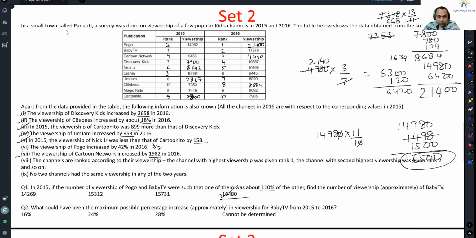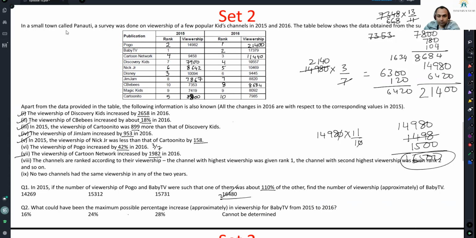Next, what could have been the maximum possible percentage increase approximately in the viewership of Baby TV from 2015 to 2016? Maximum possible percentage increase. So if I go 14980, okay, roughly 14980, 20% of that would be 15,000 to 17.